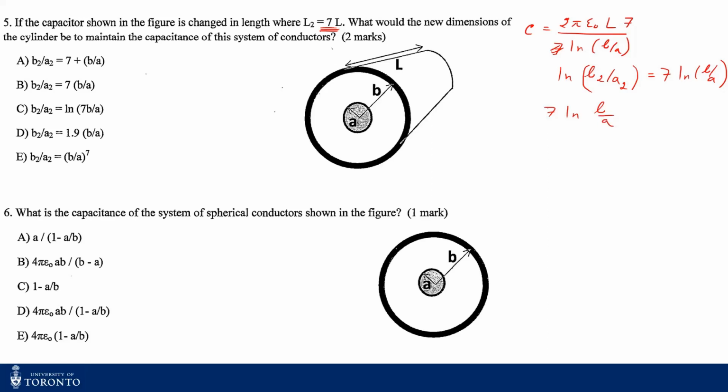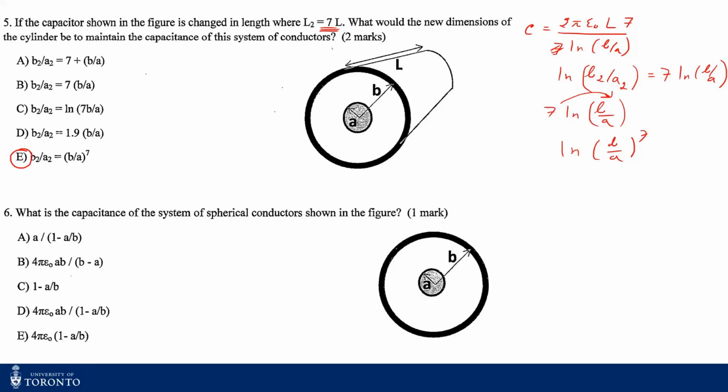So you can take this 7 into the power, since it's a logarithm function, and it becomes b by a to the power 7. Therefore you see that our option number E is the correct option.